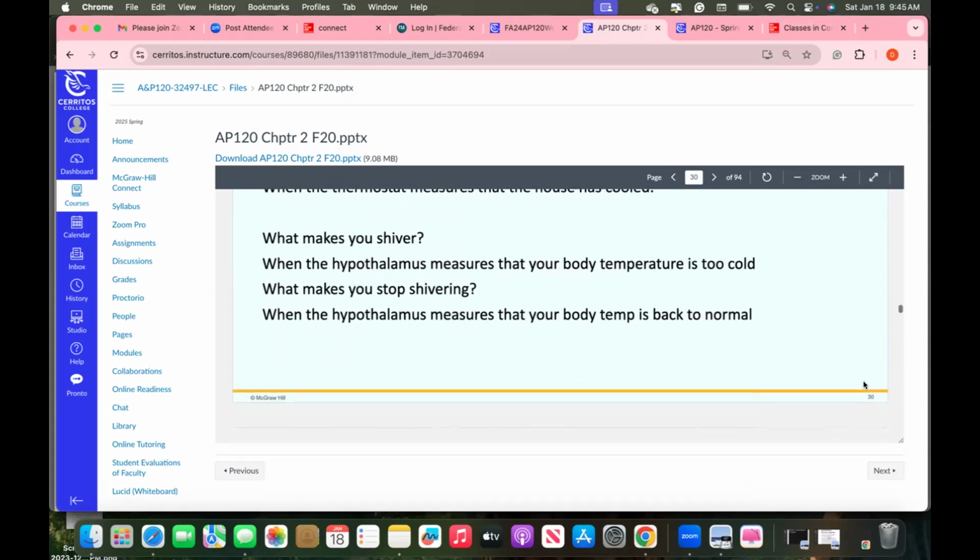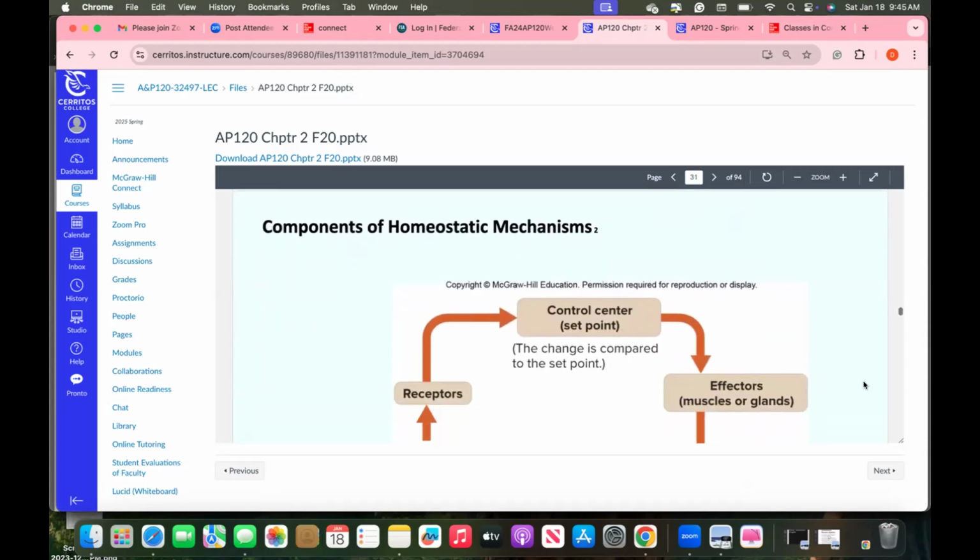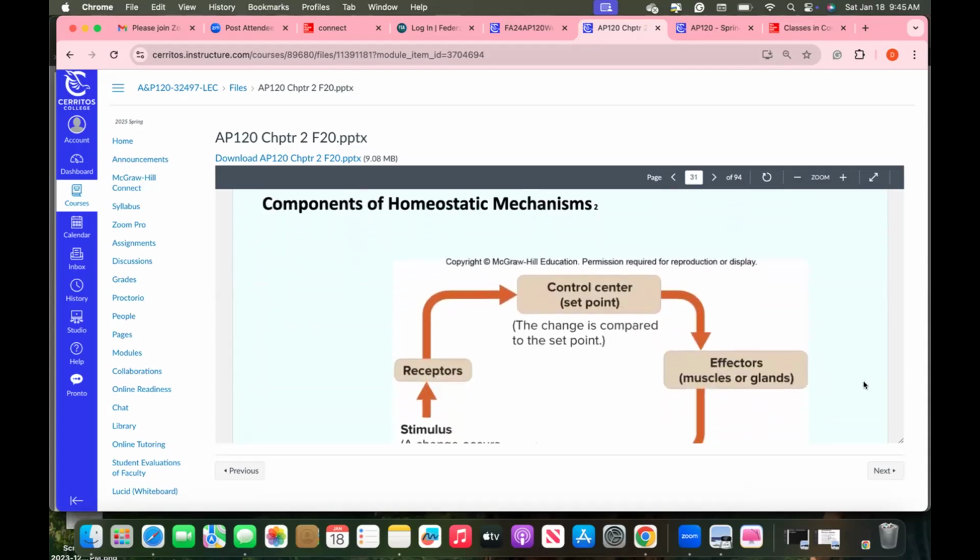Okay. So this is a diagram of that. You have a stimulus that comes from the bottom that goes to a receptor, and that receptor goes to a control center, and that's compared to your set point, your body temperature or whatever system we're talking about.